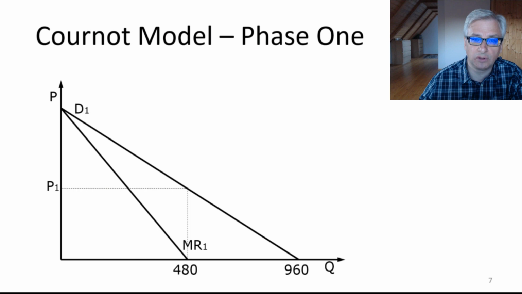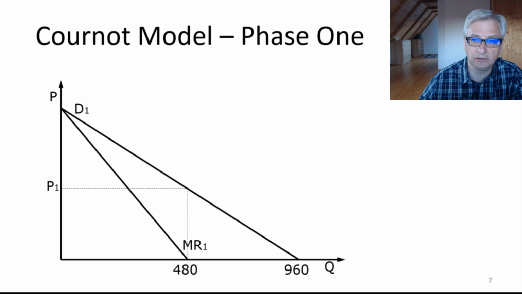If the price is lower, let's say if the price of the second one is zero, then they would be able to sell 480. Because the whole market is 960, the first one takes half and sells to this half at P1, so the second one could sell the remaining part, 480. Sell is perhaps not the best word, because the price would be zero, but that could be what is available for the second player at the price of 0.